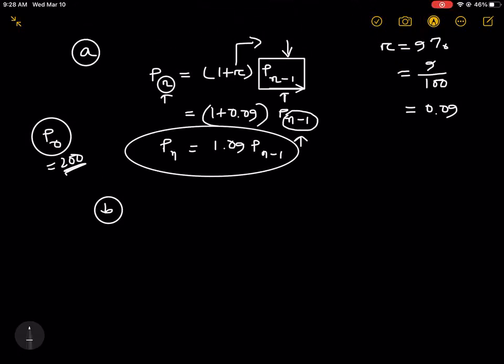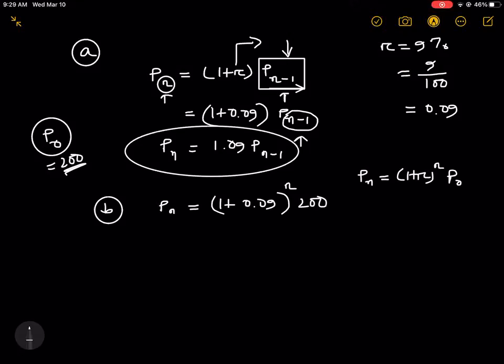Would it be Pn equals 1 plus 0.09 to the n, multiplied by 200,000? Very good. Once again, I want to show you the general format, which we have already used, but let me rewrite it for you. It would be 1 plus r to the n times P naught.